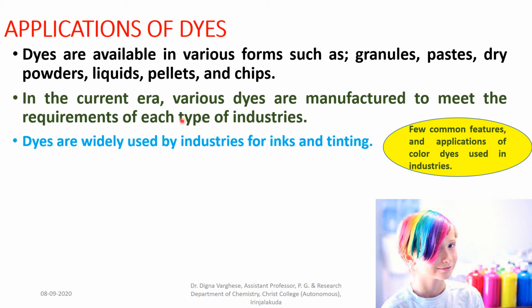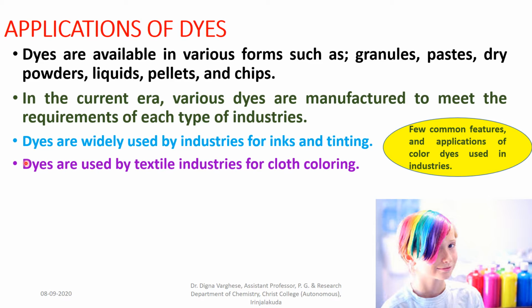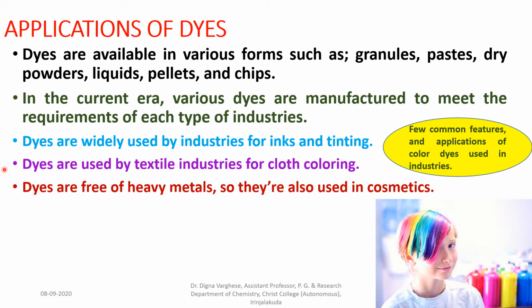Dyes are widely used by industries for inks and tinting. Dyes are used by textile industries for cloth coloring. Dyes are free of heavy metals, so they are also used in cosmetics.